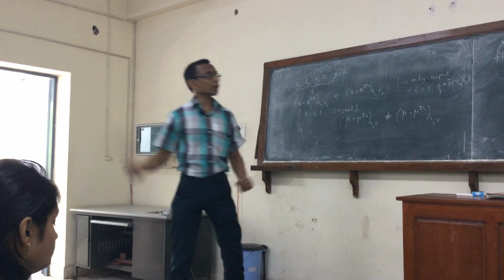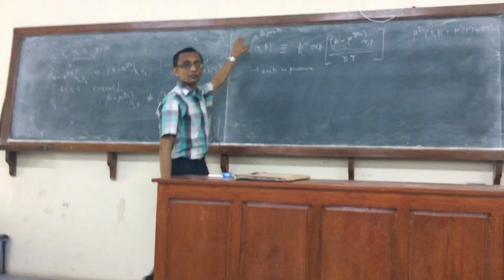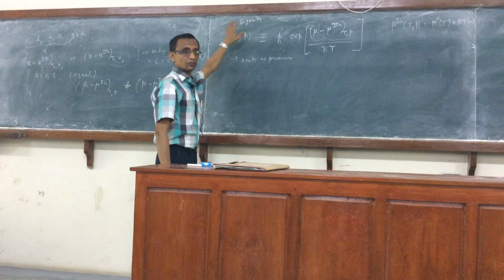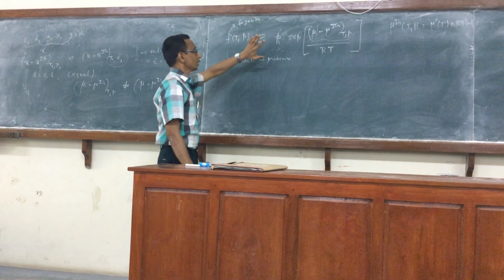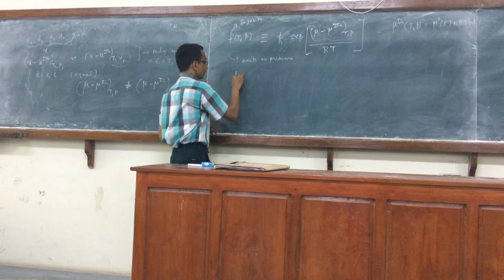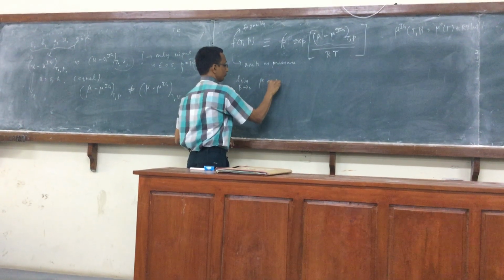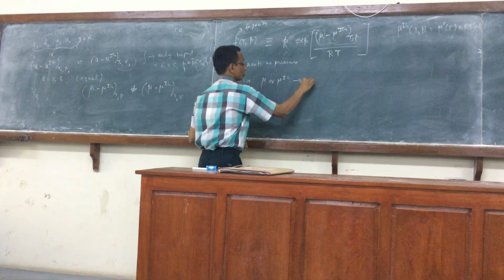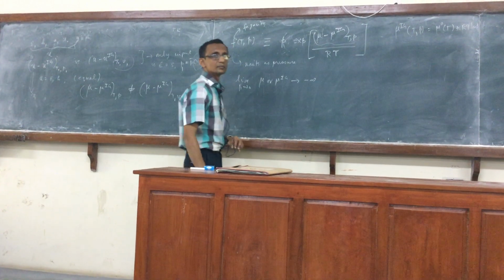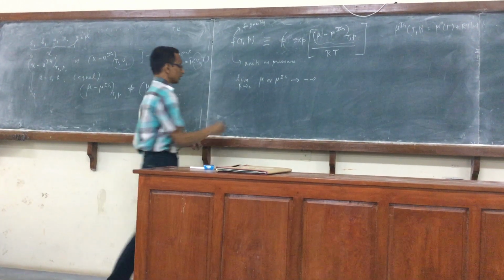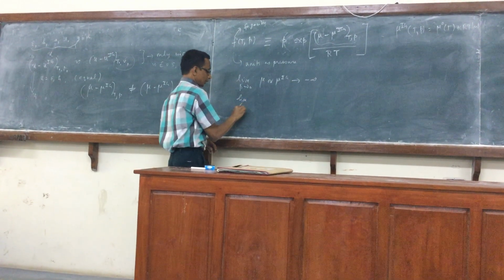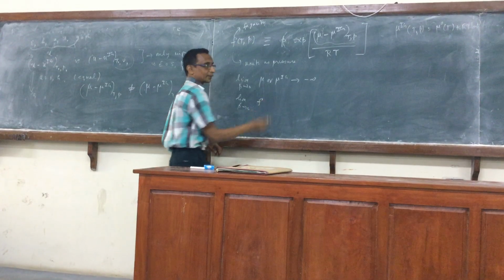So if you're doing calculations involving the chemical potential at very low pressure, you will have to deal with very large numbers. This is one of the motivations for introducing the fugacity. You can see that as P goes to 0, μ goes to minus infinity. However, what happens as P goes to 0 of the fugacity?